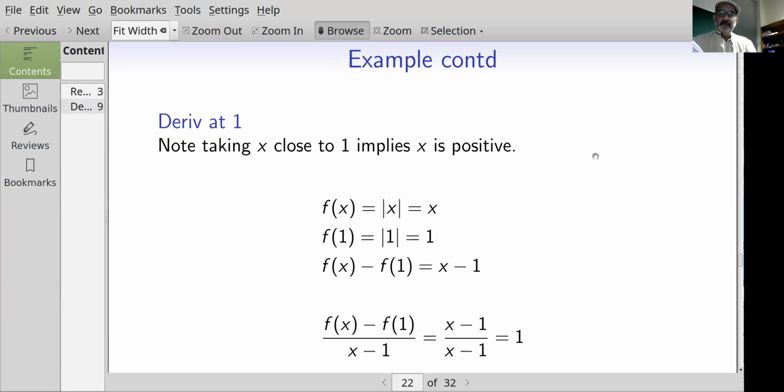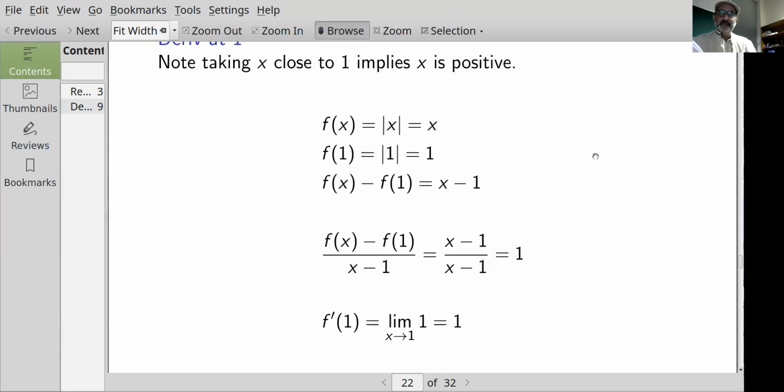So then the difference quotient that we need is f of x minus f of 1 over x minus 1, which is x minus 1 over x minus 1, which is 1. So then the derivative at 1 is the limit as x goes to 1 of the difference quotient, which is 1. So the limit as x goes to 1 of 1 is 1.